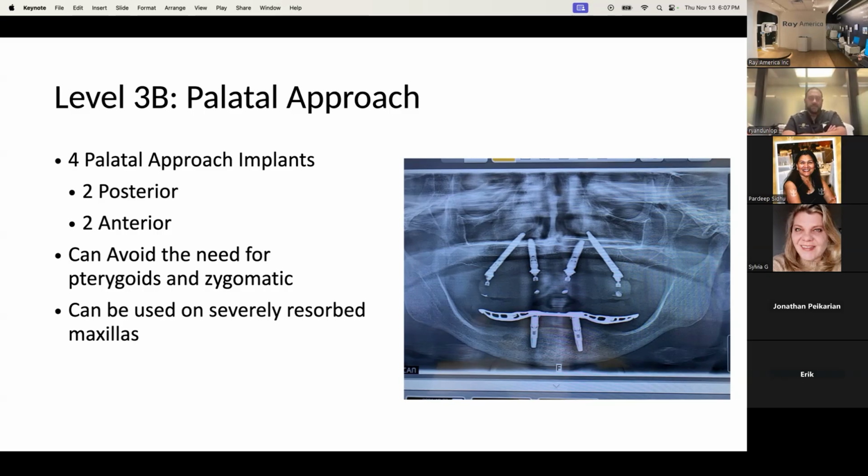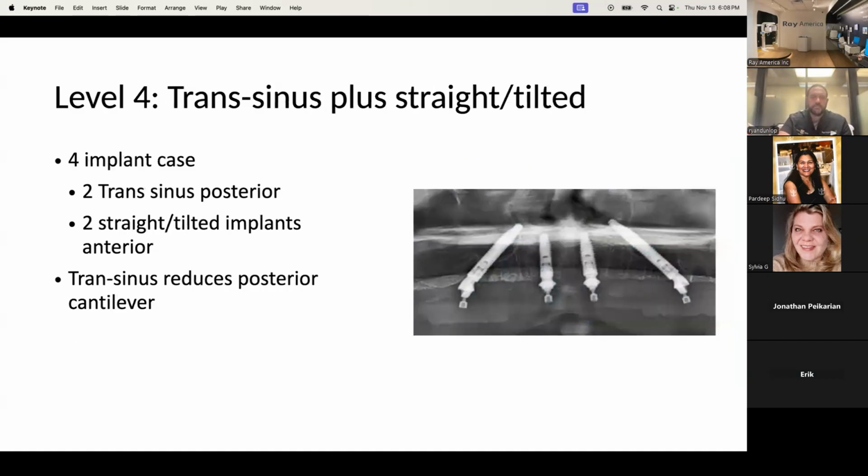Like I've said, I've done many cases that would have traditionally needed zygomatic implants as palatal approach cases, and patients do just as well, if not better, when they have a severely resorbed maxilla that's restored with palatal approach implants compared to zygomatics.